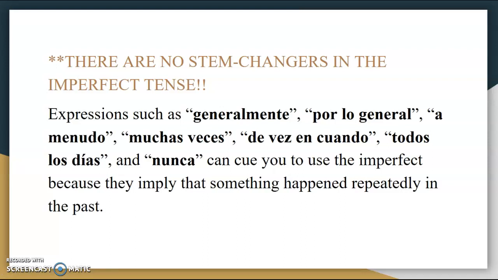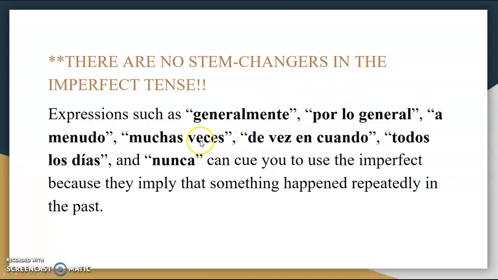It says right here expressions such as generalmente, por lo general, a menudo, muchas veces, de vez en cuando, todos los días, y nunca can cue you to use the imperfect because they imply that something happened repeatedly in the past. I'll just tell you what these mean. This is generally, and both of these basically mean generally. A menudo means often.